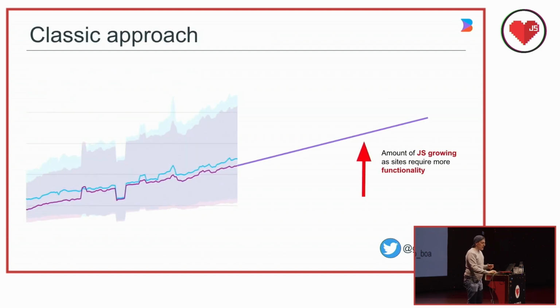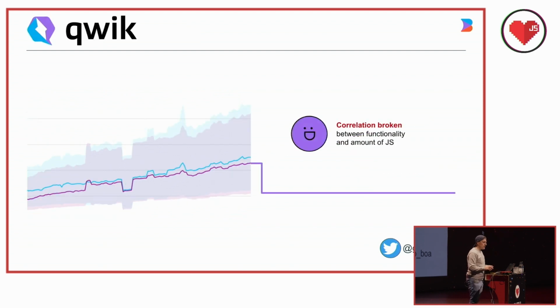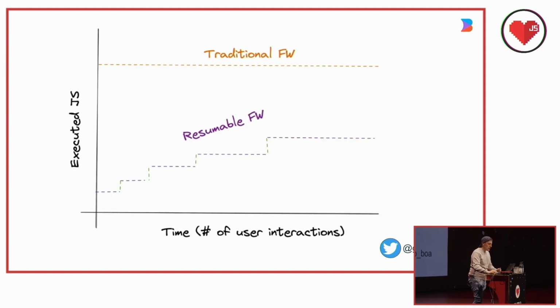So with a classic approach, the amount of JavaScript grows as the site requires more functionality. More functionality means more JavaScript in a classic approach. But with Qwik, we broke this correlation, because only if the user interacts with a particular part, we pay for the amount of JavaScript. Great.